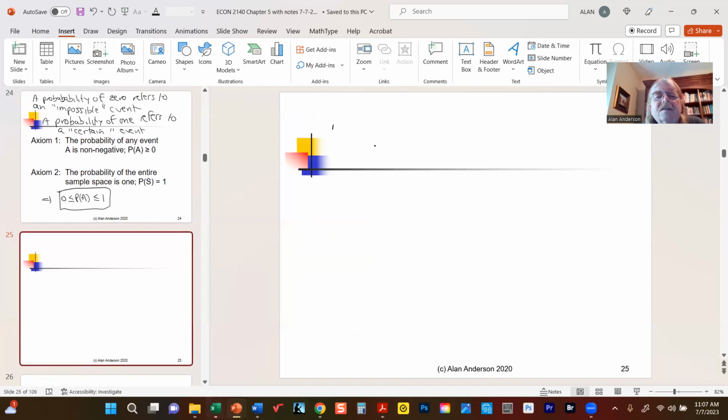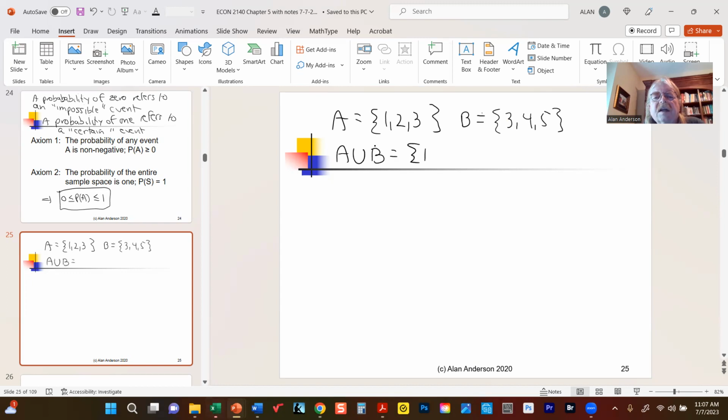Suppose you have events, or sets, A and B. The union of these two is simply a new set that contains all the elements in both. I just literally push them together, tape them together, into one big new set, which contains all the elements that are in A or B or possibly both.